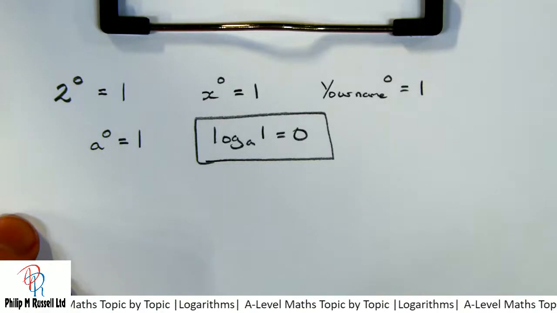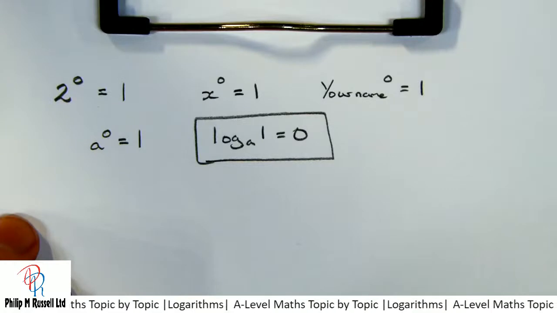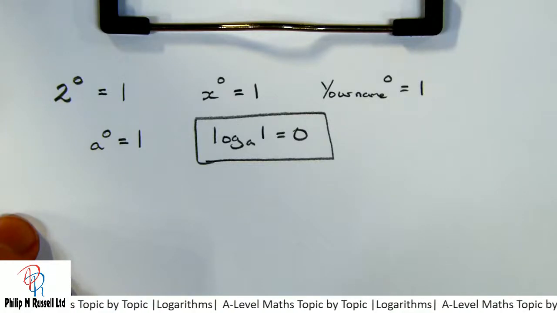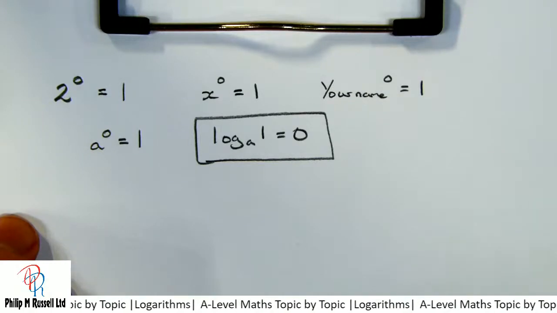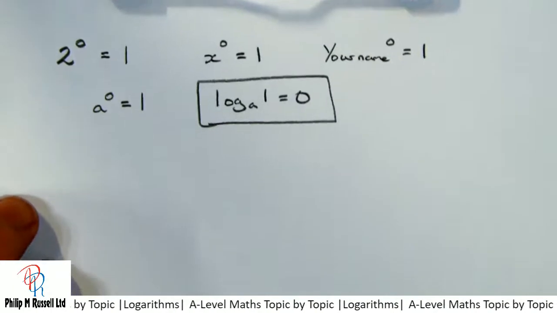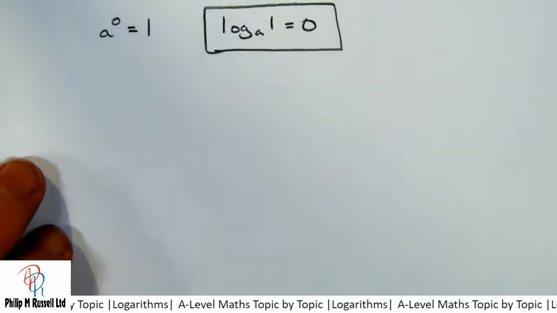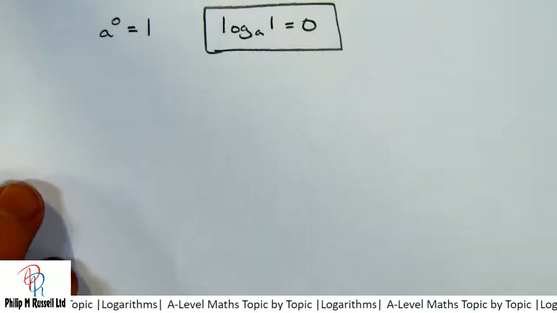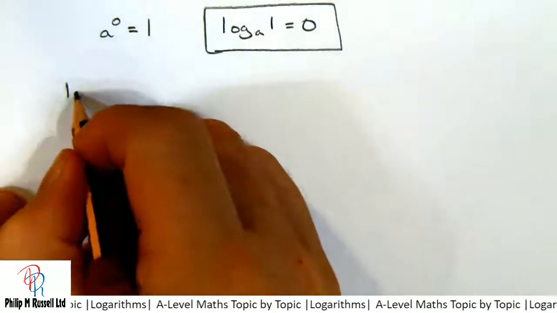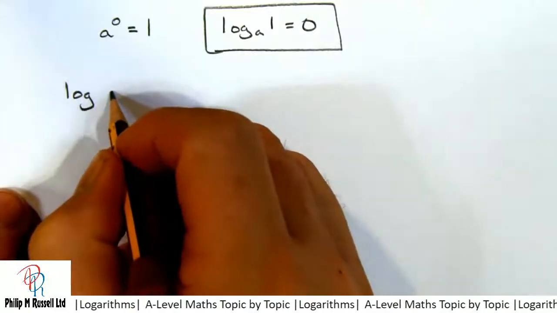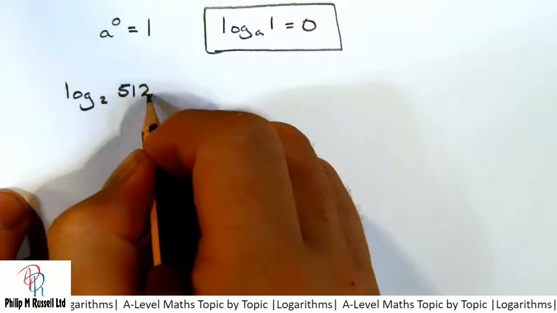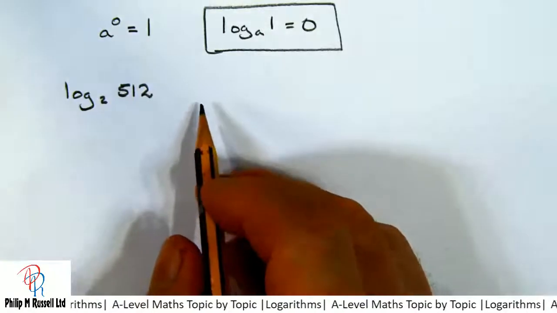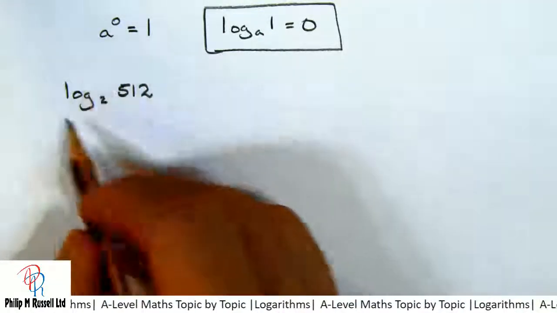Now, what other things do we know about logarithms? Well, there's a rather interesting fact that we might be given some horrible sum to try and work out. Suppose you're asked to find log to the base 2 of 512. Now, what is that?